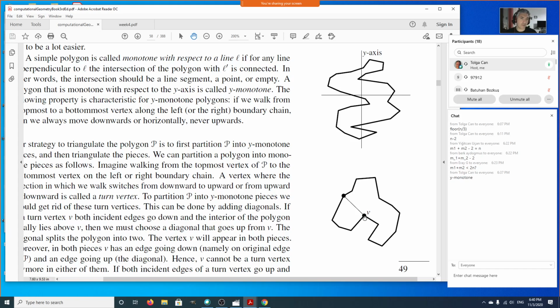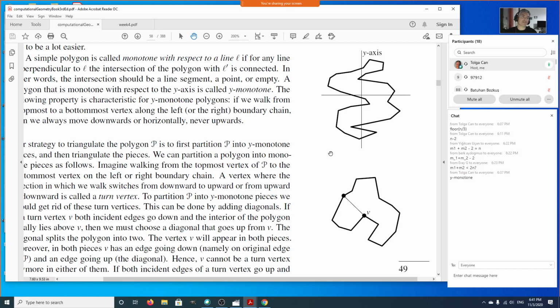We see that the way to make a polygon monotone is to divide it into smaller polygons. So we are going to chop this polygon into pieces, in which each piece is going to be y-monotone in itself. And we will do this by drawing diagonals, just like in triangulation.